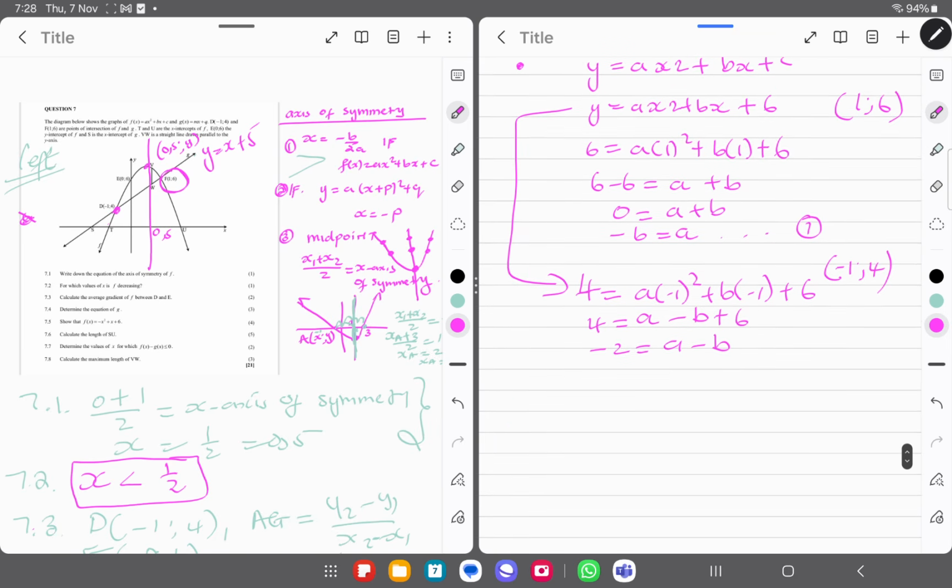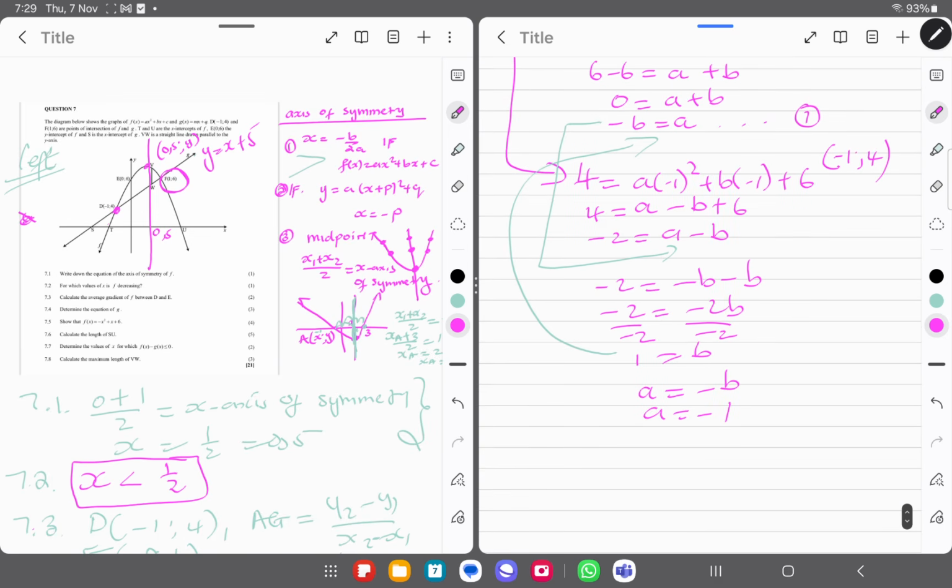And then remember this a, we said substitute that a there. So I'm having minus 2 equals minus b minus b. Minus 2 equals minus 2b. Minus 2 divided by minus 2, 1 equals b. If b is 1, I go back here. It means a equals minus b, a equals negative 1.